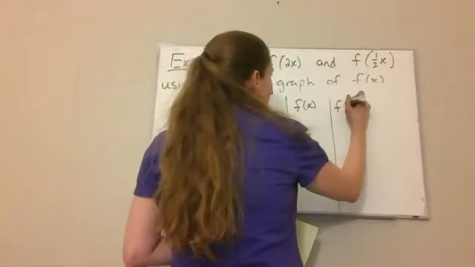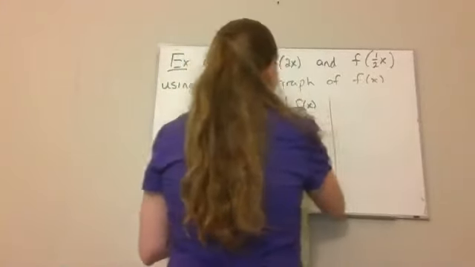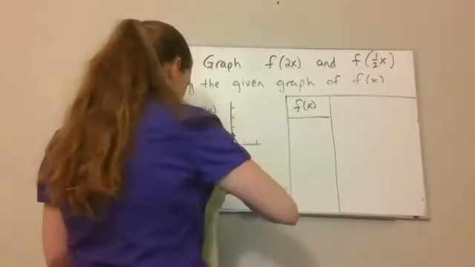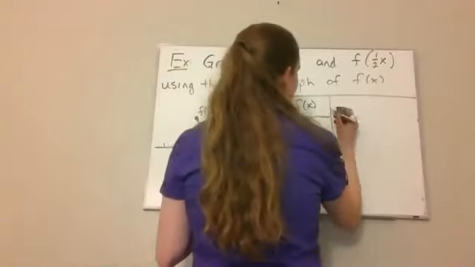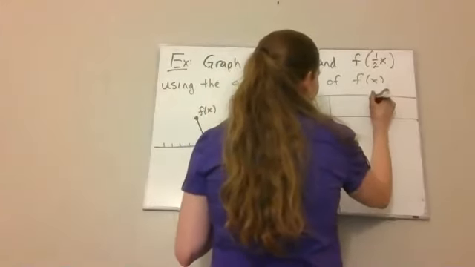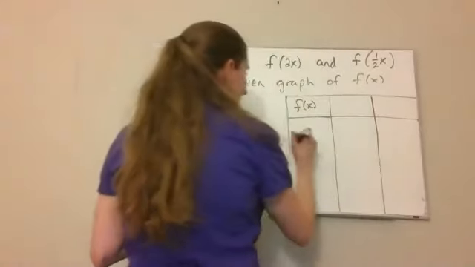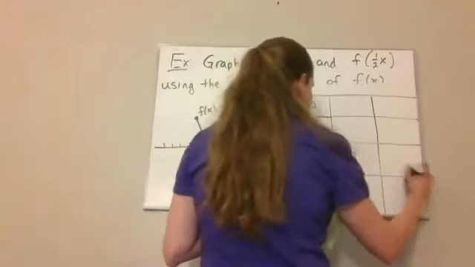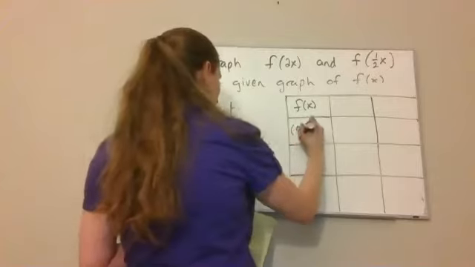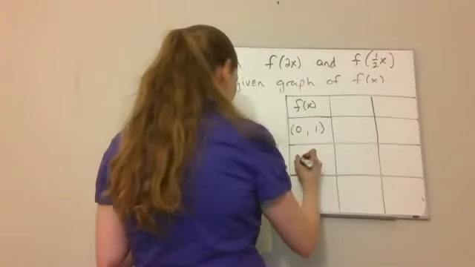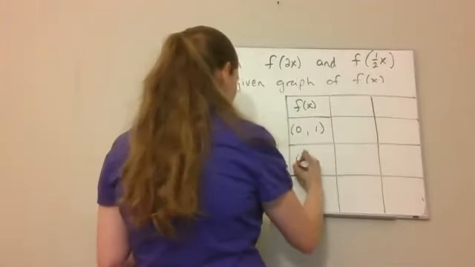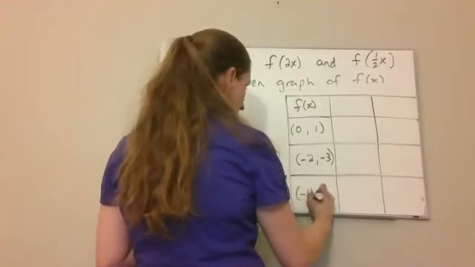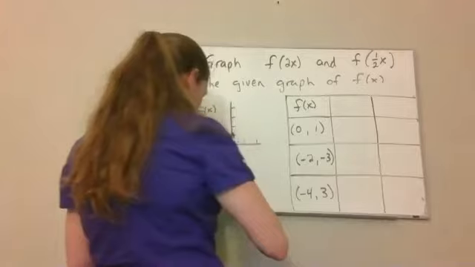We also need f of 2x and f of 1/2 x. So I'm going to have 3 different things in my table of points. And I have the 3 points that I can see on my graph. I have the point 0, 1, I have the point -2, -3, and I have the point -4, +3.